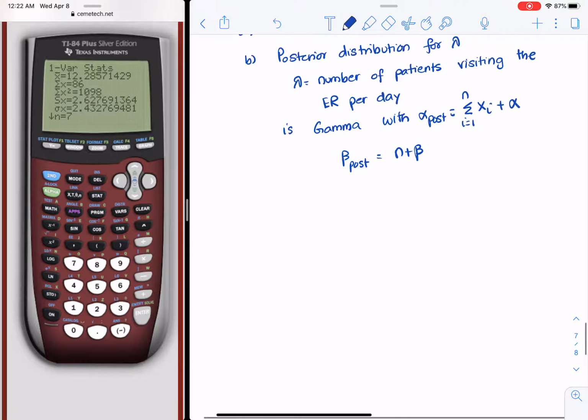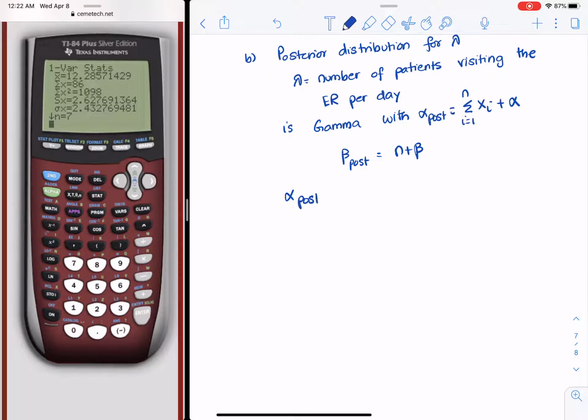So alpha post, here we have the sum of the values, which would be n times the mean plus alpha. So 7 times 12.286 plus alpha, which is 5. So we would end up having the sum is 86. You could see it in the second line on the calculator screen.